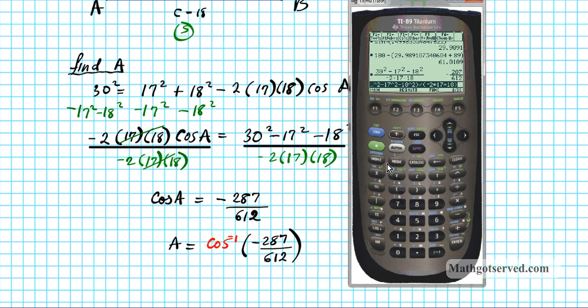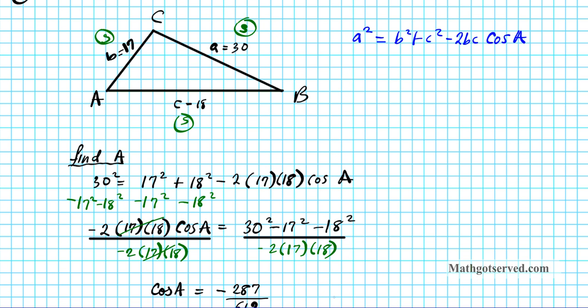The inverse cosine of our answer for big A will get 117.966. So angle A is approximately 117.966. Let's put that in our triangle.